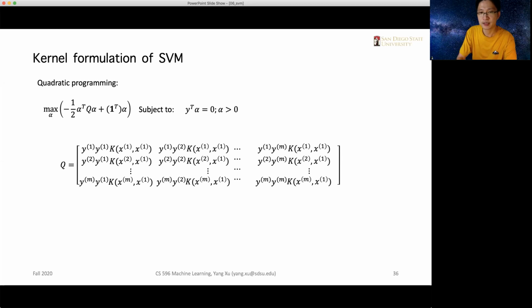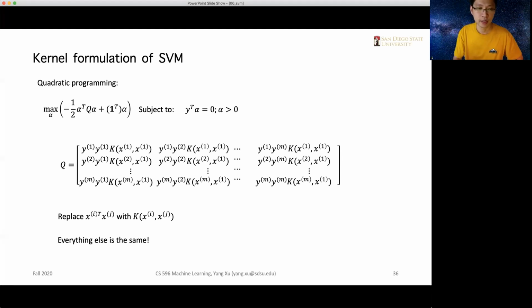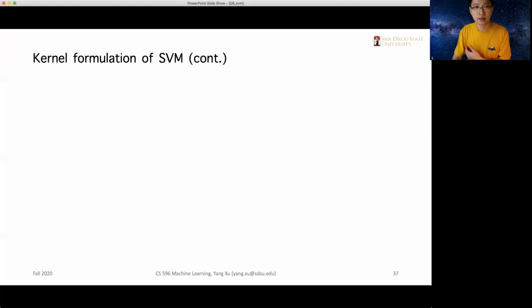We have k of the different combinations of X's, okay? So we just replace the original inner product with the kernel functions, and everything else is the same, okay? But the solution returned by the quadratic programming function, the alphas, they point to the support vectors in the Z space, okay?